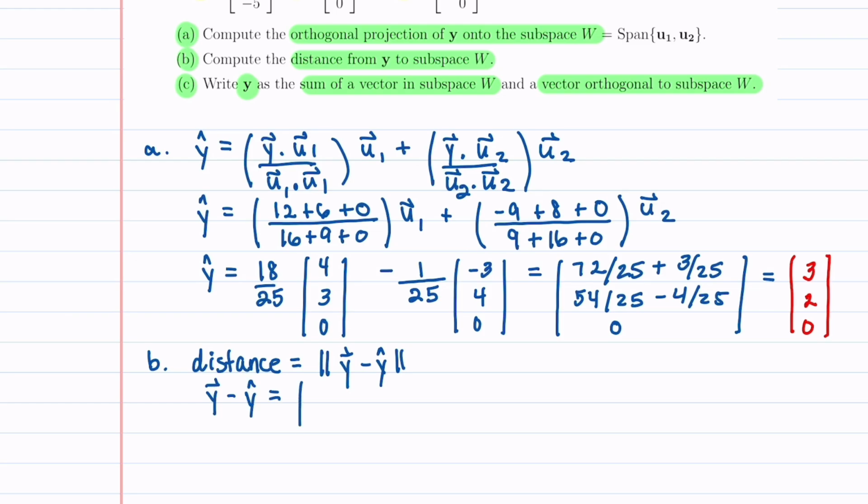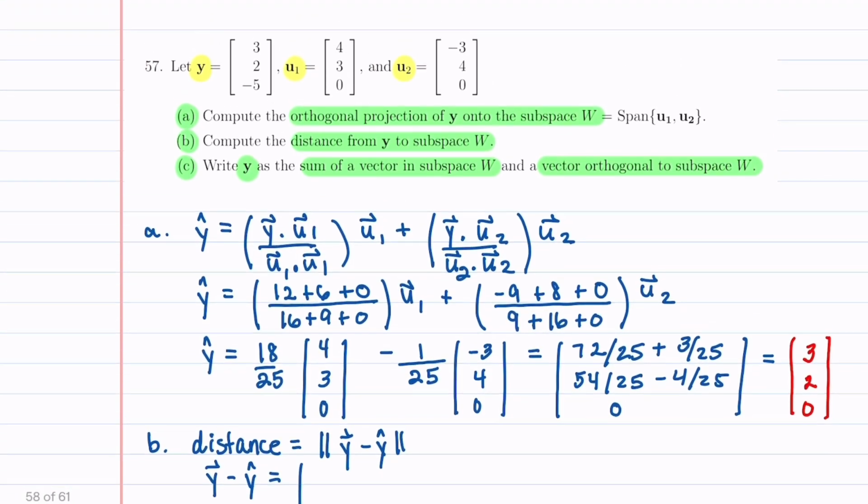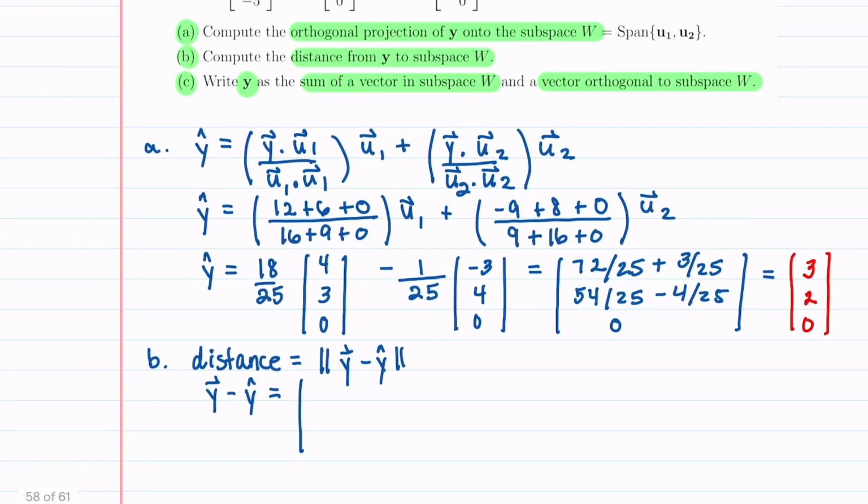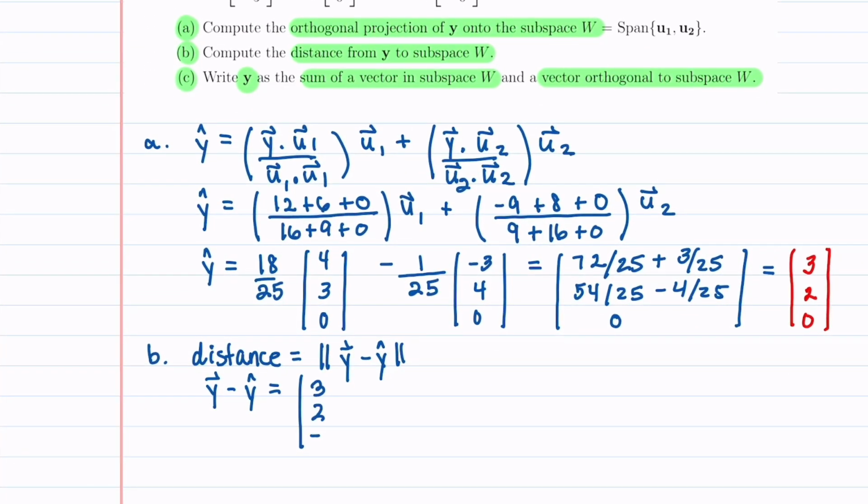Our vector y up above is 3, 2, minus 5. And we're going to subtract off the vector we just computed, which was 3, 2, 0. And we end up with the vector 0, 0, minus 5.